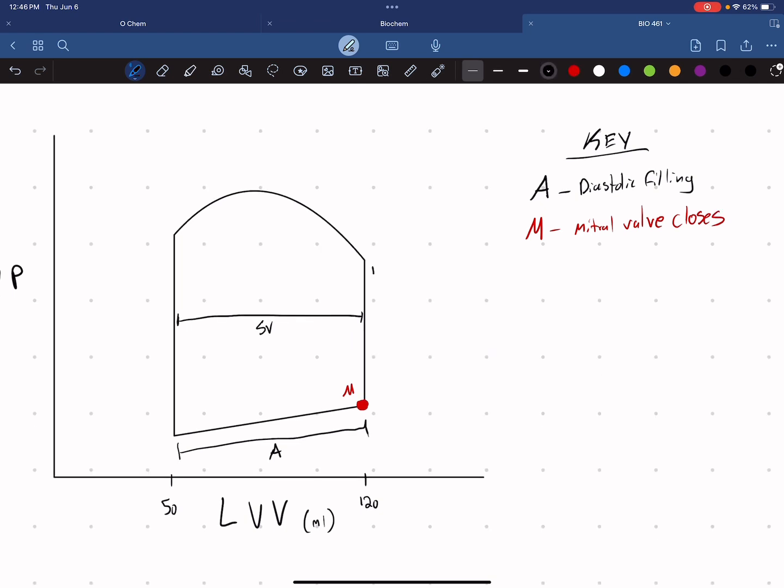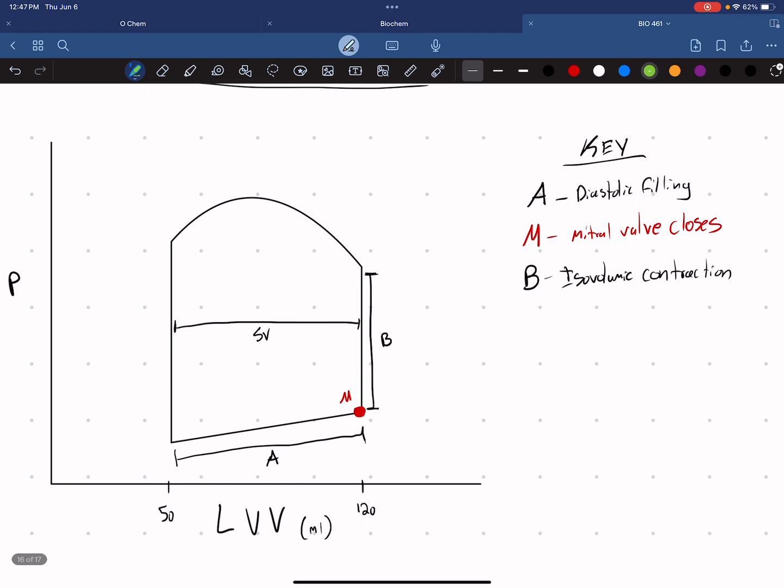Now I will label this section here B, and this, as we know, is isovolumic contraction. We see that the volume is not changing, but the pressure is increasing, and that's what is happening when the ventricles are contracting. When the ventricles are holding the same volume in a smaller area, the pressure will increase.